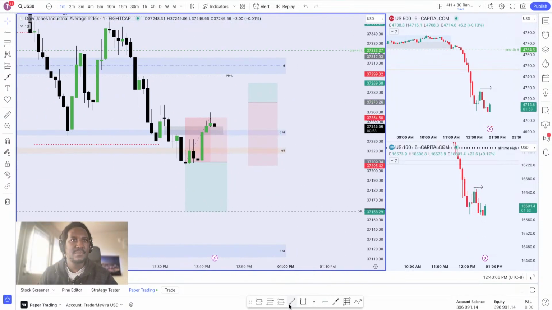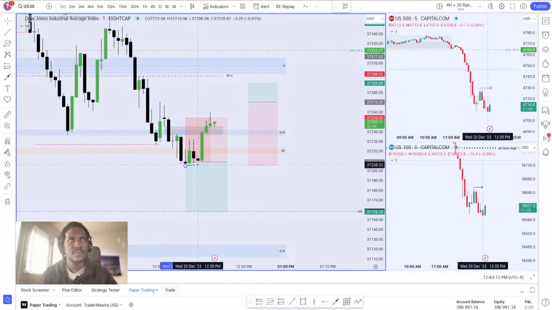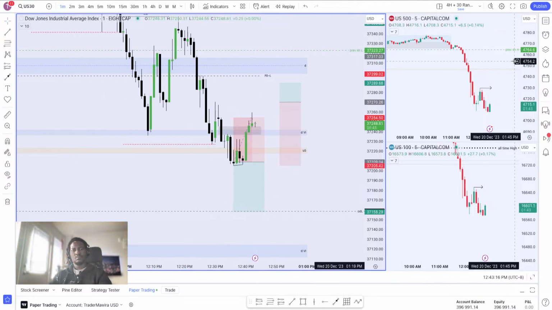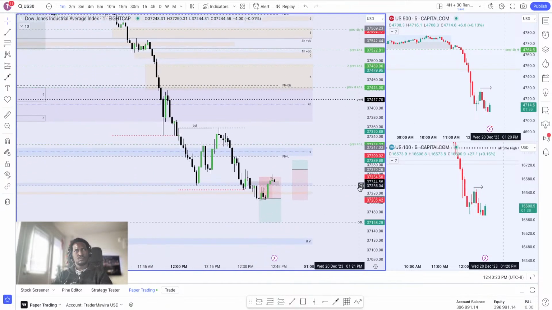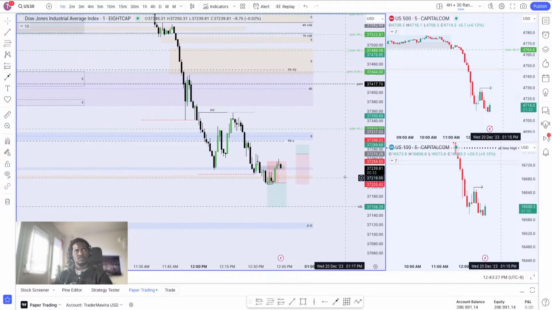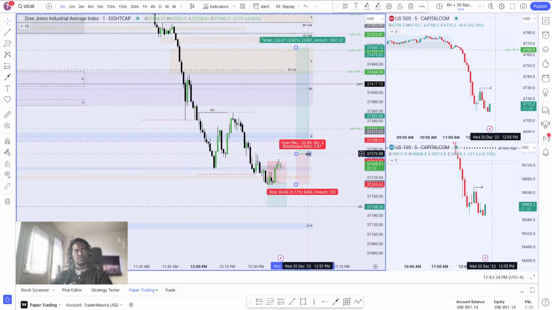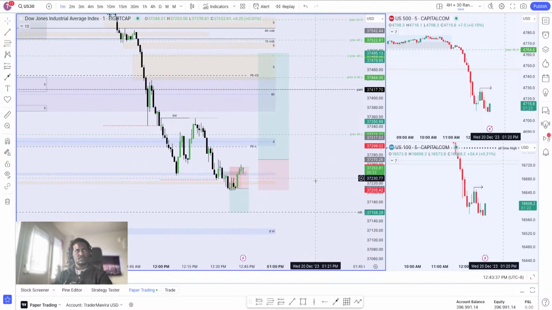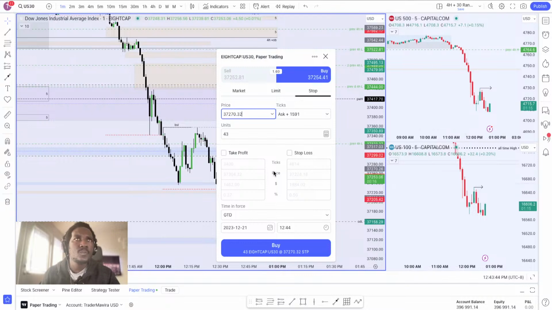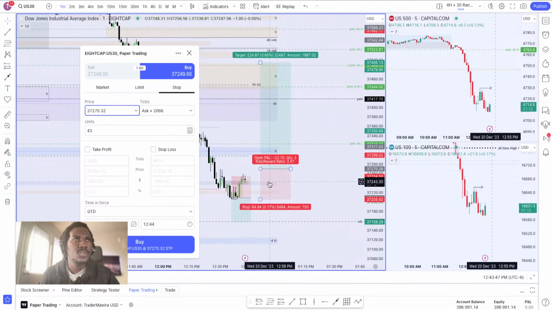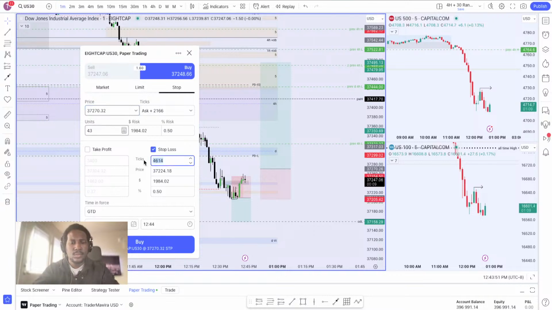Look at these levels here, too close to each other, so not so good. $64.84 is a stop loss. 6484, 0.5%.